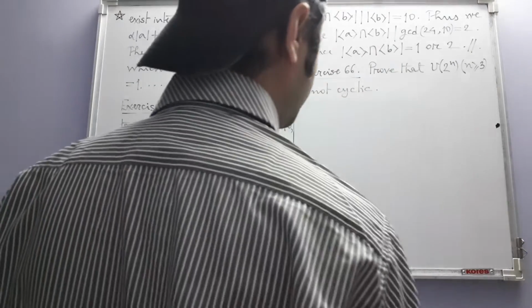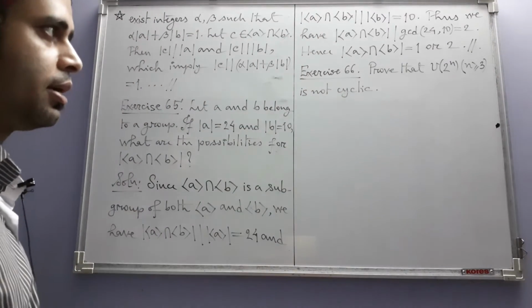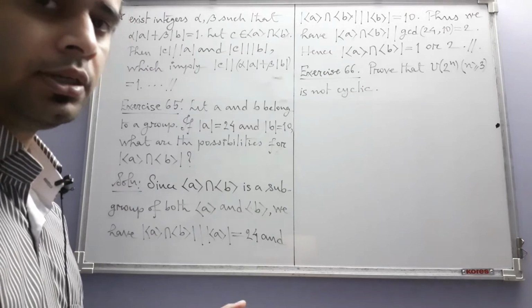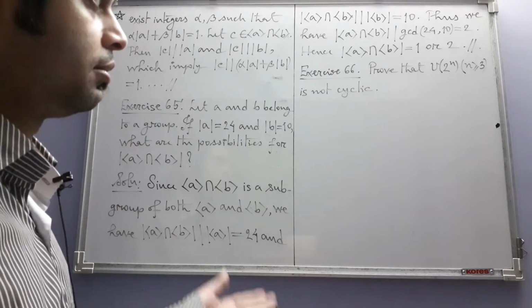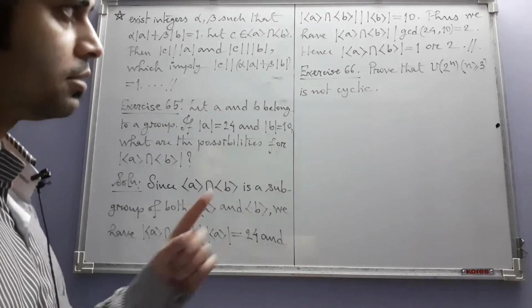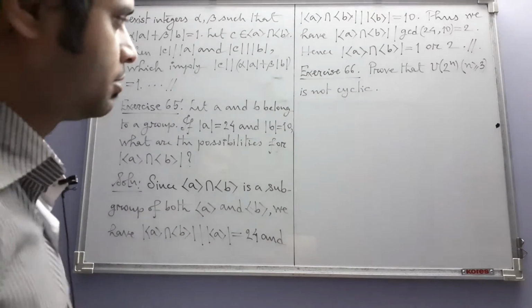Okay. So for any such n where n is at least 3, that means for n equal to 3 or 4 or some higher values, this group is never cyclic.